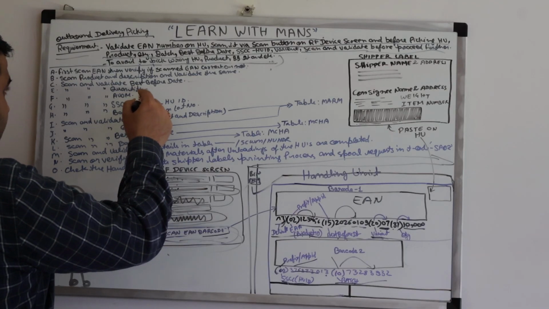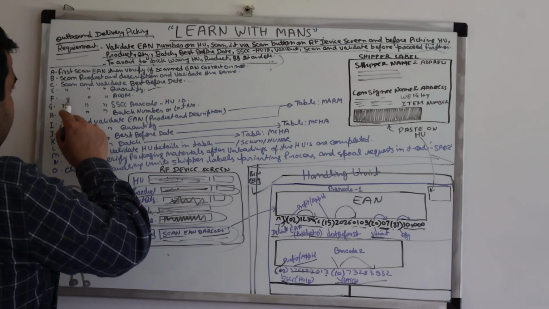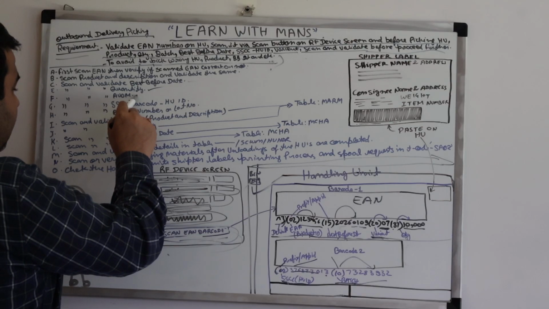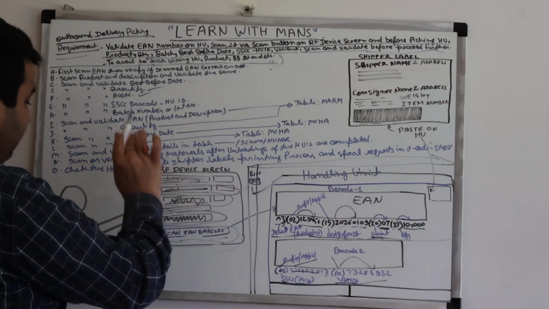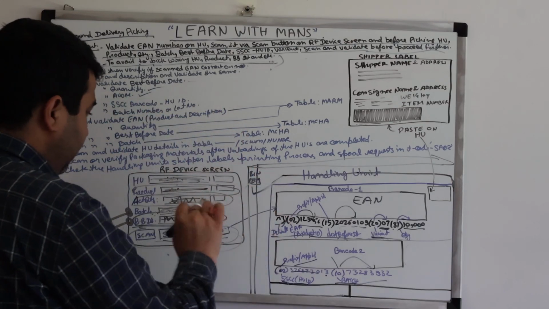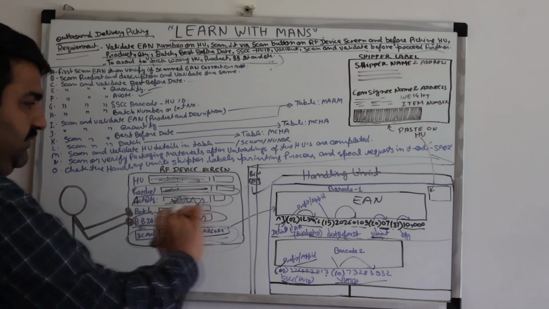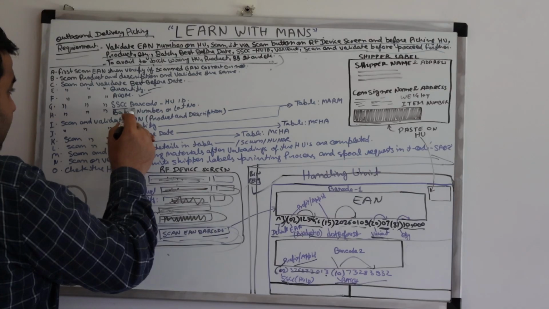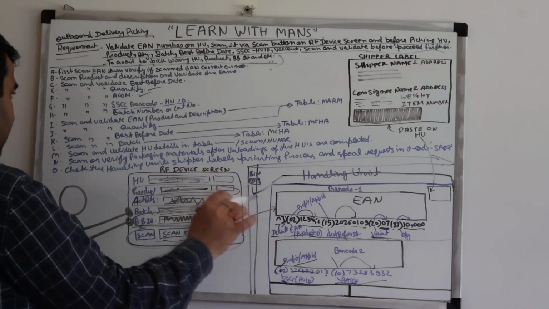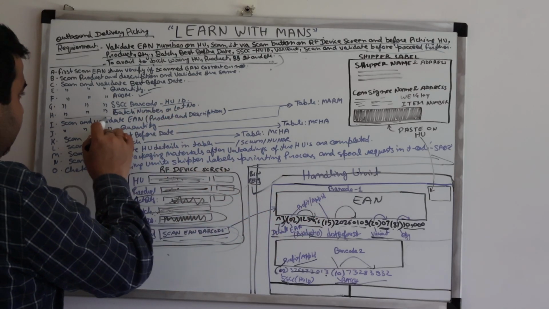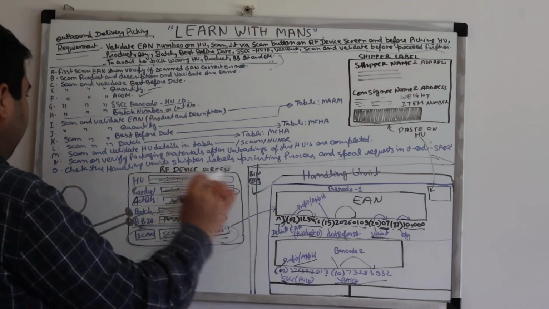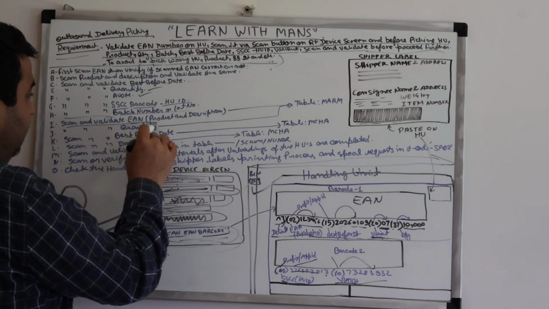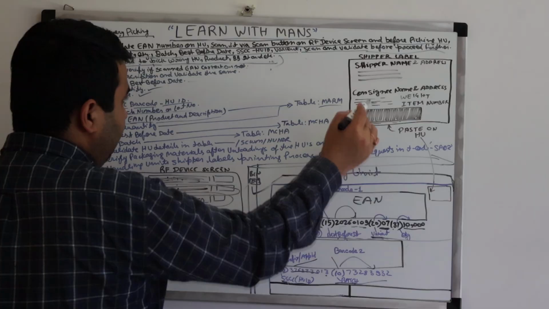When he picks and verifies, he then scans and verifies the alternate unit of measure. He checks everything on the RF screen, that he picked the right thing. Then he scans the serial shipper container code barcode, HUID, and verifies. Then he scans the batch number, lot number, and verifies. He scans and validates the EAN, product and description table, MARM.